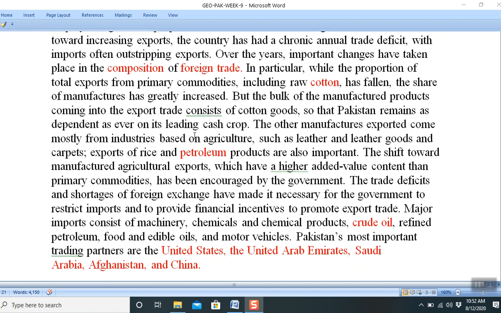And because the United States is a huge partner, they often apply trade sanctions. They intimidate Pakistan into applying trade sanctions.